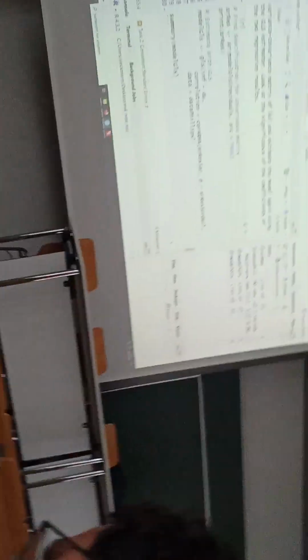And then in the end, this is the output, the summary of the GLS estimator.